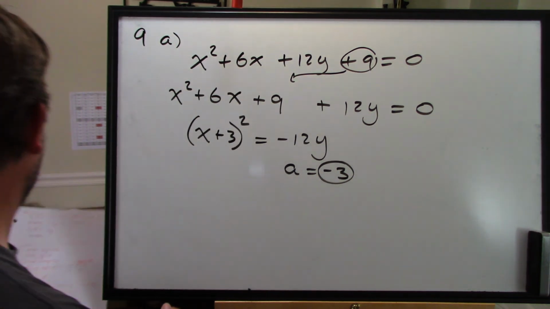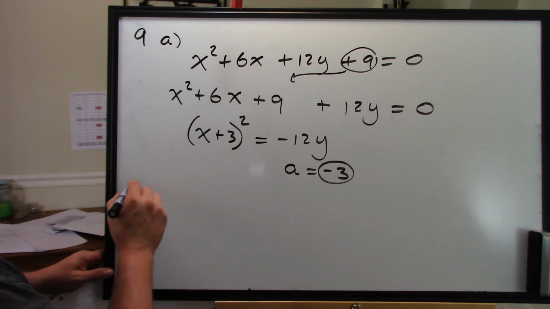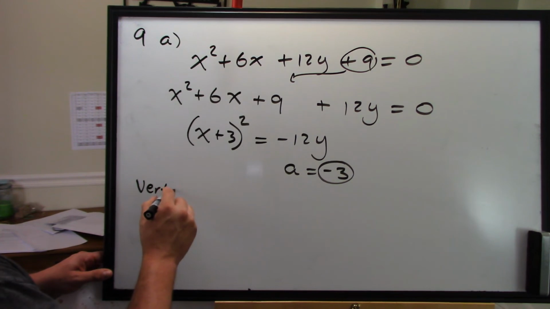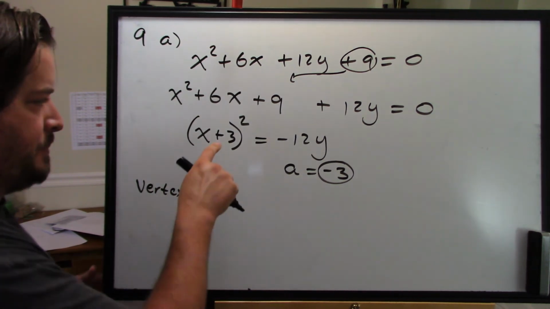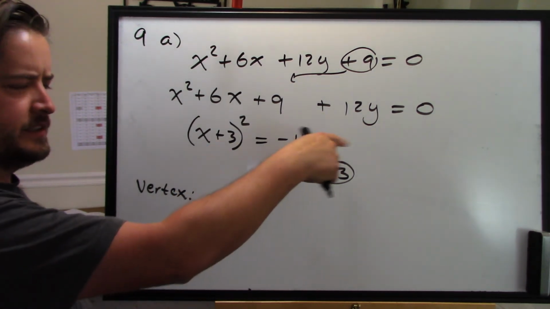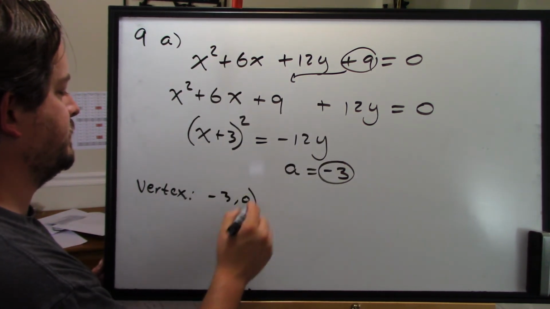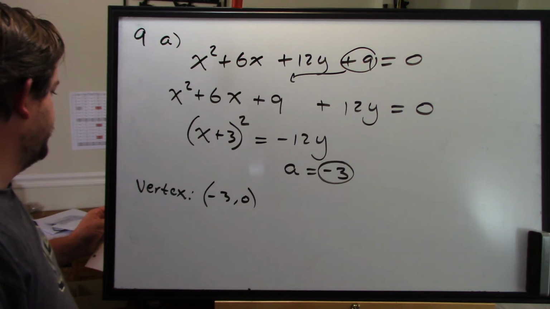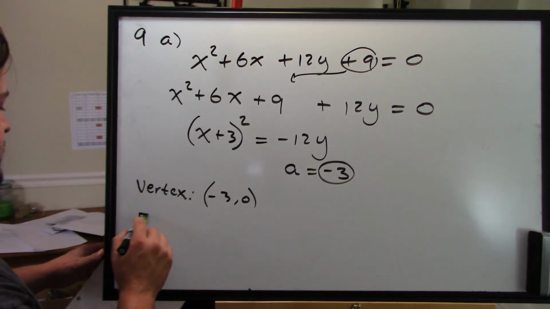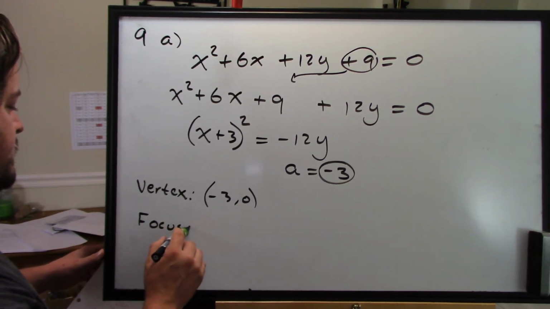So they ask you for a couple of things. They ask you for the vertex. The vertex happens at negative 3, and since there's no plus or minus over here, then it's 0. So it's negative 3, 0. Right.